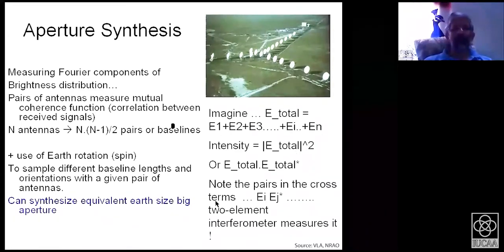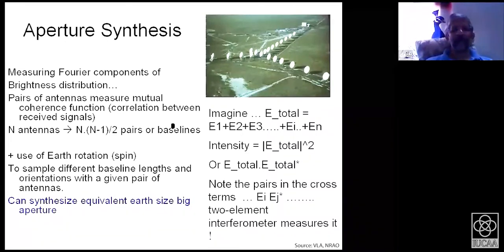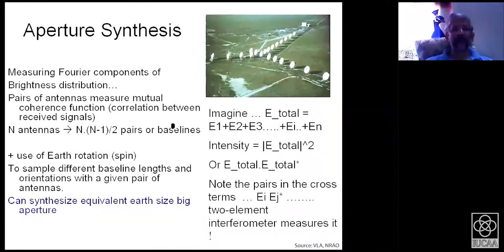Now, in principle, one can measure each pair patiently, and assuming nothing in the sky changes as a function of time, we can collect all this information over time with a single pair of apertures, move them with different spacings and baseline orientations, and eventually collect all these measurements and make the grand sum with different phase shifts to get the brightness distribution in the sky in different directions. Of course, within the field of view which is allowed by each one of the sub-apertures.